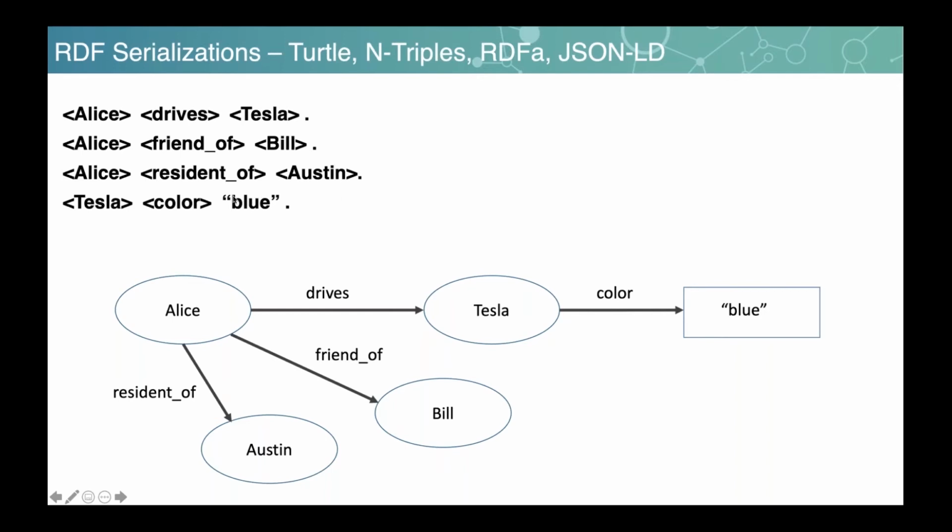And you'll notice that blue is surrounded by double quotes and the others are in angle brackets. The reason for that is because these are actual entities, whereas blue is a literal. And so these are how you can connect these things. We still represent the literal in the graph. We just represent it separately as a box here.